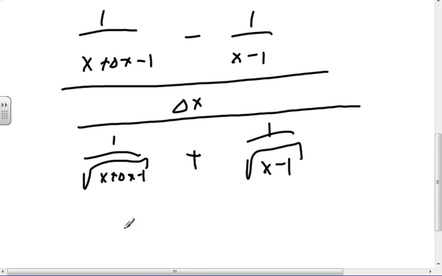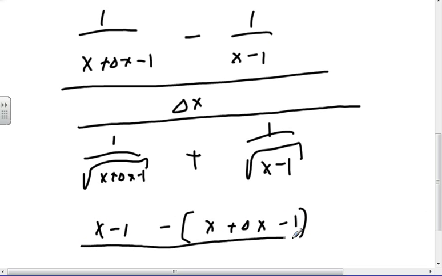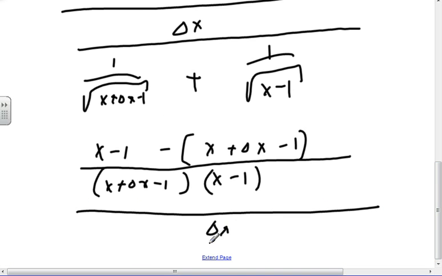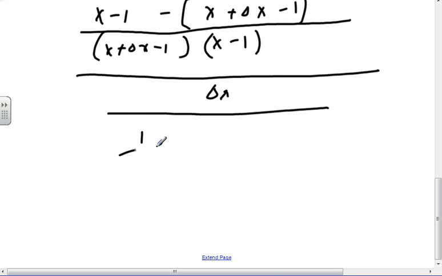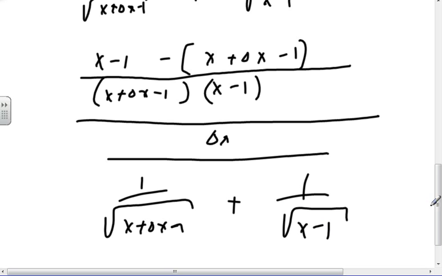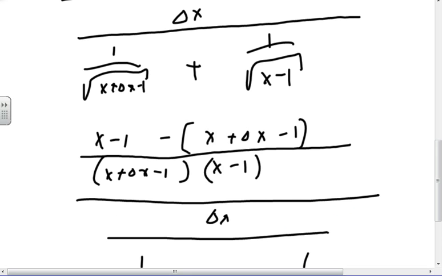So I got a common denominator of x minus 1 minus x plus delta x minus 1, divided by x plus delta x minus 1 times x minus 1, divided by delta x, divided by all this stuff on the bottom. Now on the top I can get rid of the x's, I can get rid of the 1's, I got a delta x, and that delta x can go into there.